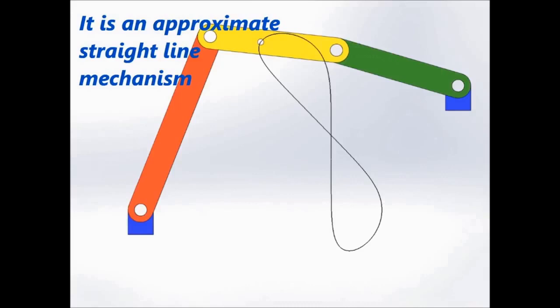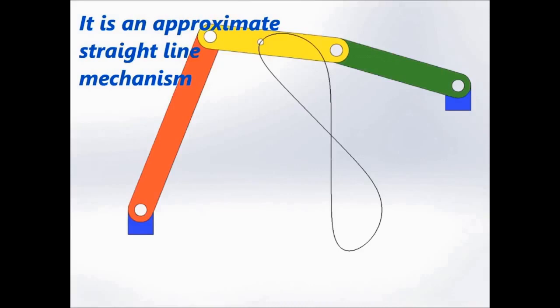The first few mechanisms we are discussing are approximate straight line mechanisms. Why approximate? You can see this is not exactly a straight line; the shape is a curve. But from this point to this point it is straight, and similarly from here to here it is straight. So it can constrain the motion, and the resulting path will be approximately a straight line.